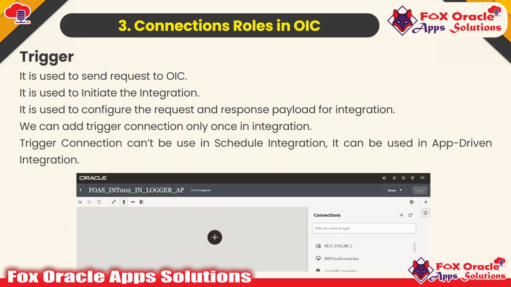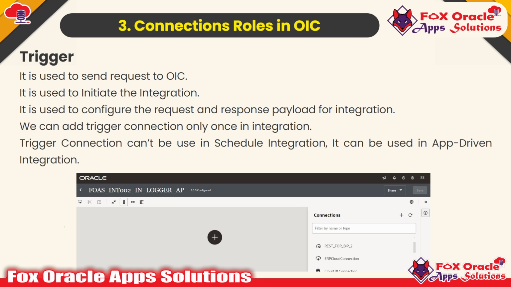In our case, we are going to use a REST connection in the trigger role, so that when our integration is completed, it will be considered a REST endpoint. One of the reasons we use app-driven integration is to expose our OIC as REST services.